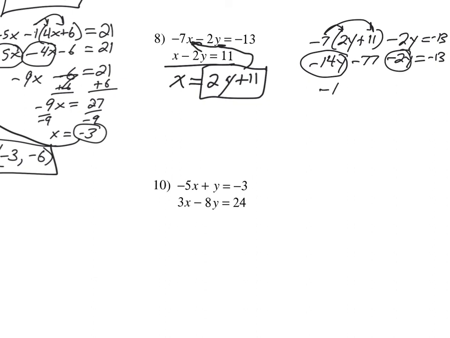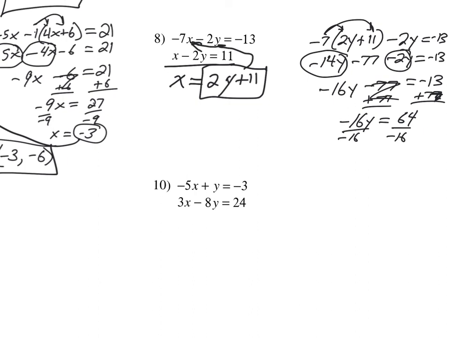I get negative 16y minus 77 equals negative 13. Add 77 to both sides. Zeros out, that's a 7. We get negative 16y is equal to positive 64. Take 77 and subtract 13, you get 64. Divide by negative 16, and you get y equals negative 4.